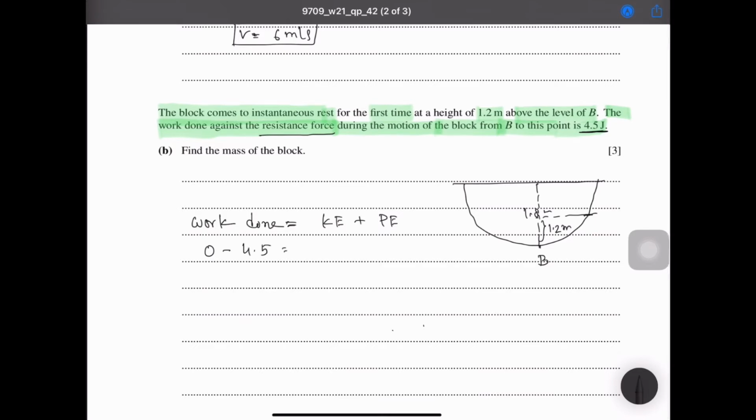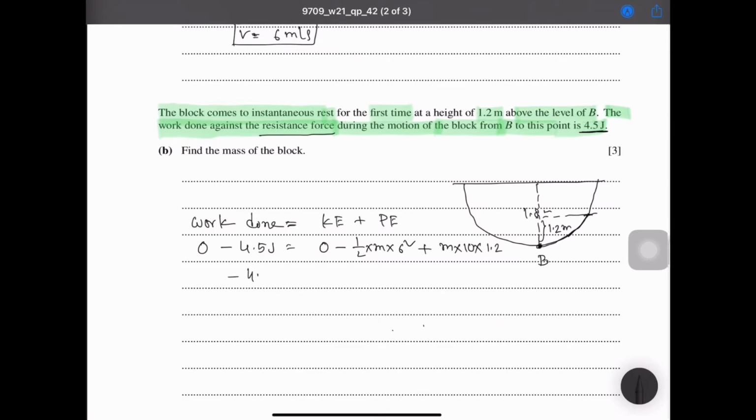This is total work done, and increase in kinetic energy is half mv square minus half mu square. So half mv square is 0 because at maximum height the velocity is 0, minus half mu square, I mean 6 square, since starting from here, plus increase in potential energy, that is mgh. g is 10, h is 1.2, since it's going up 1.2 meters.